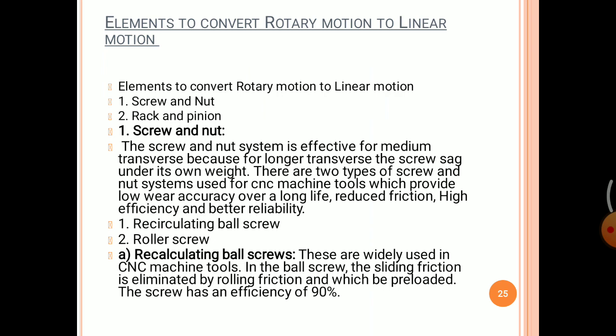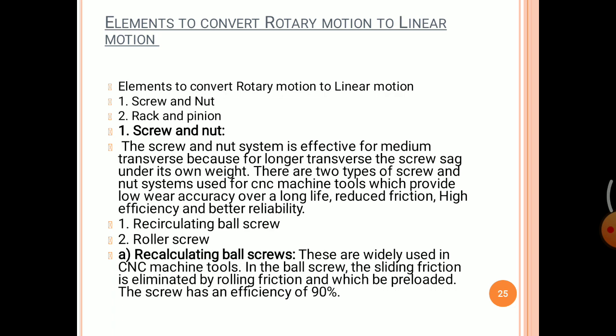There are two types of screw and nut systems used for CNC machines, which provide lower wear, accuracy over a long life, reduced friction, high efficiency, and better reliability. Number one, recirculating ball screw. Number two, roller screw.